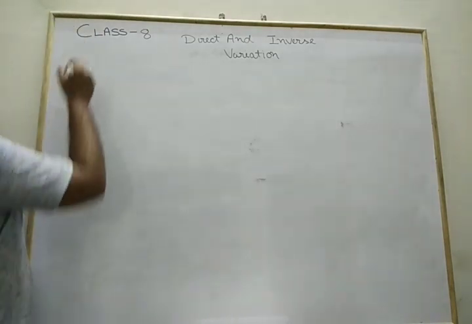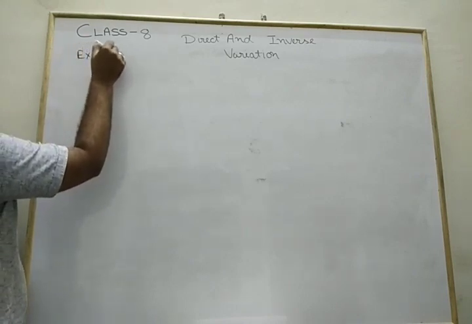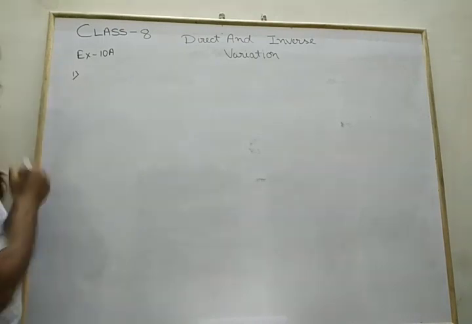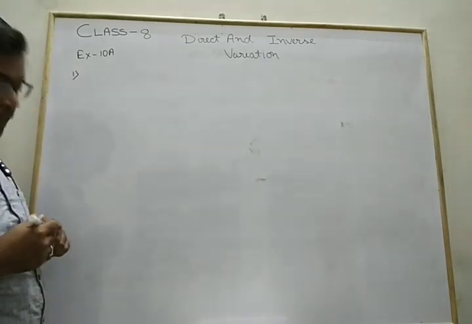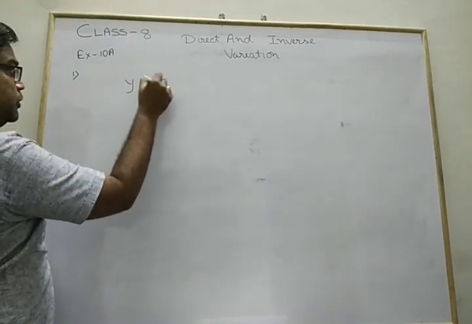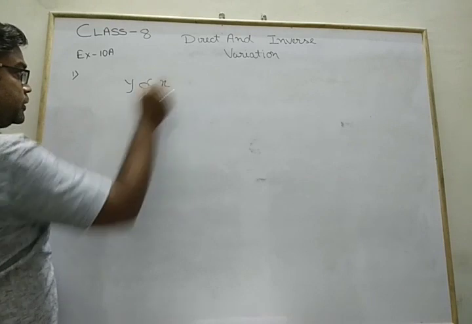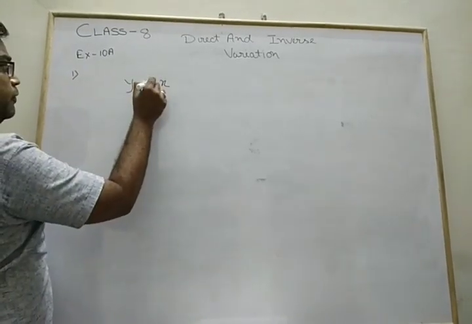In exercise 10A, I am solving question number 1. It says that y is directly proportional to x. This is given to you. My proportional sign is not a perfect one.